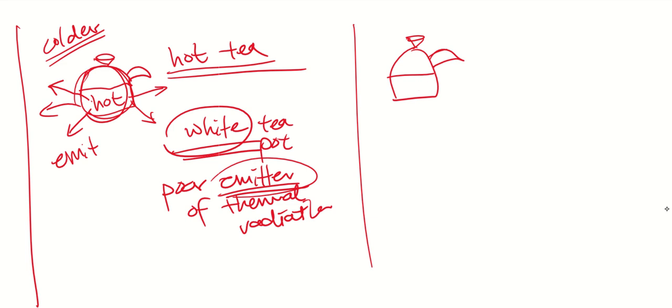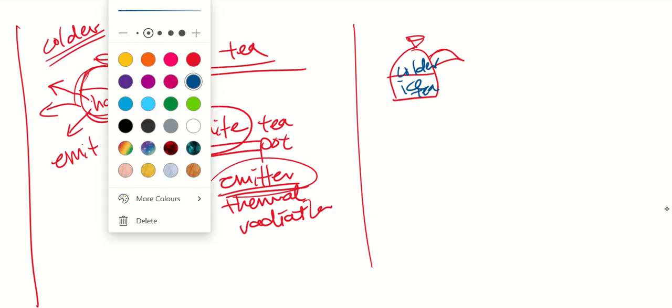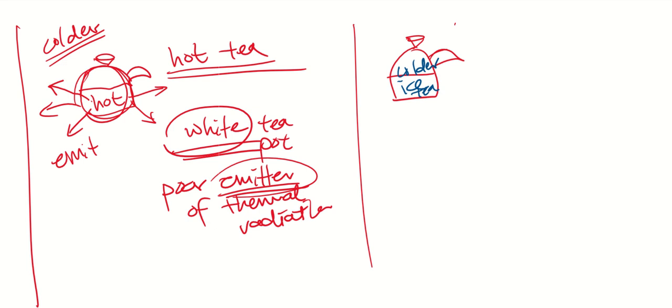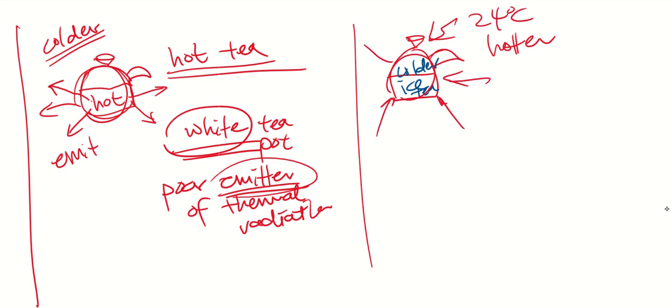If it's cold, then the iced tea will actually be colder than the surrounding. Even if I set the aircon at 24 degrees, the surrounding will be hotter than the content inside. Therefore, thermal energy will be absorbed by the teapot.